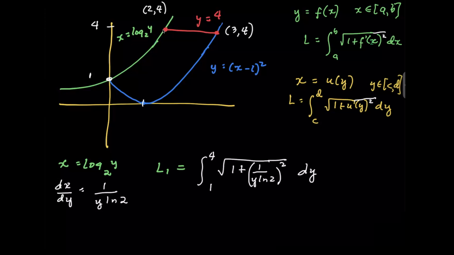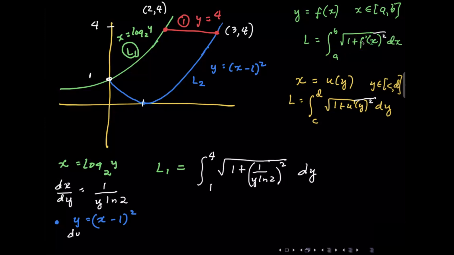And then for the red one, there is no need to use the arc length. This is just a horizontal line, and you have a change in x coordinates. So this one has a length of 1. And then lastly, for my L2, the blue one, that is for y = (x − 1)². What are we going to use? This one or this one? Your y is in terms of x, so we're going to make use of this.